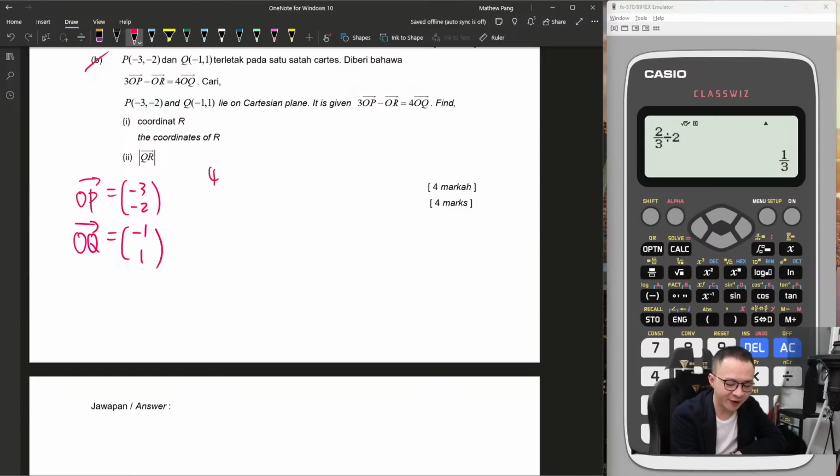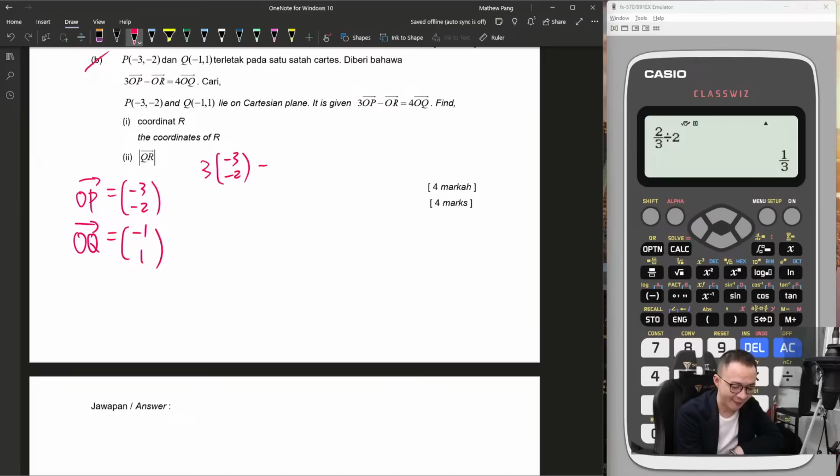Now they give us the equation 3OP minus OR. I straight away insert the values, no need to keep writing the same thing. OR means coordinate R. This is 4, negative 1. This is OQ, negative 1 and 1. So my OR, I'm going to move here, become positive.